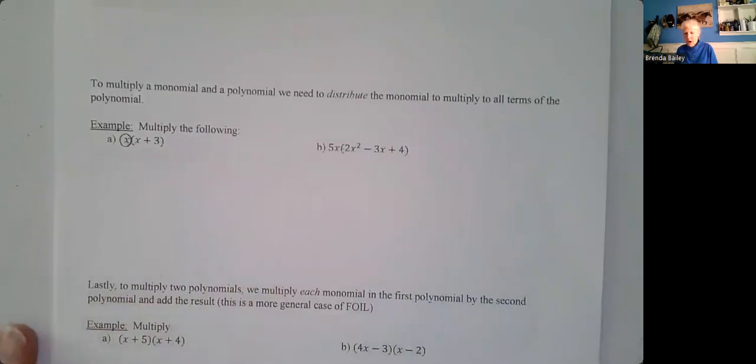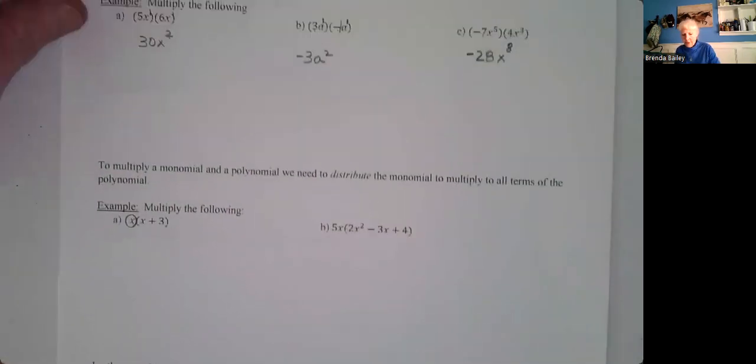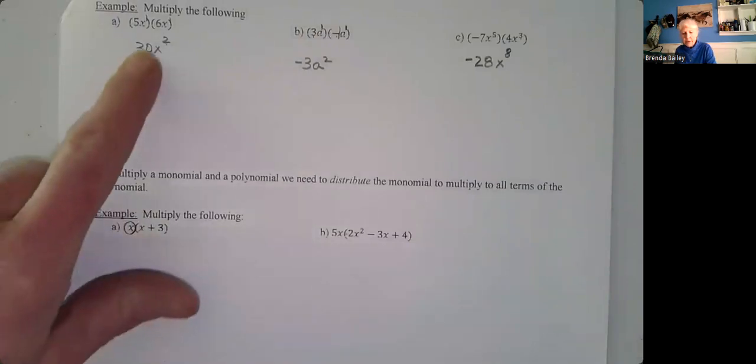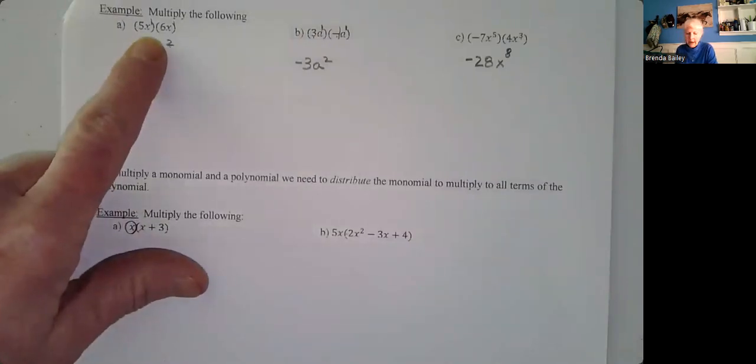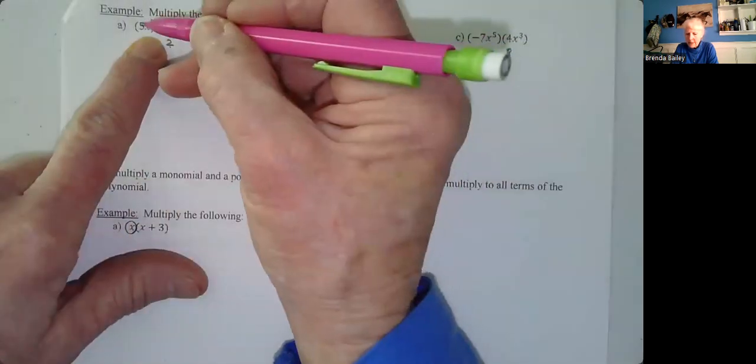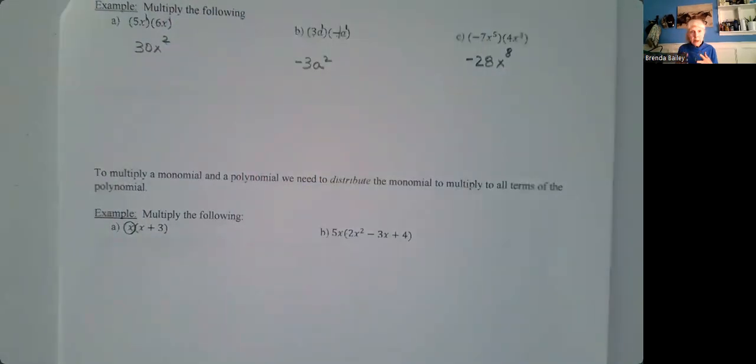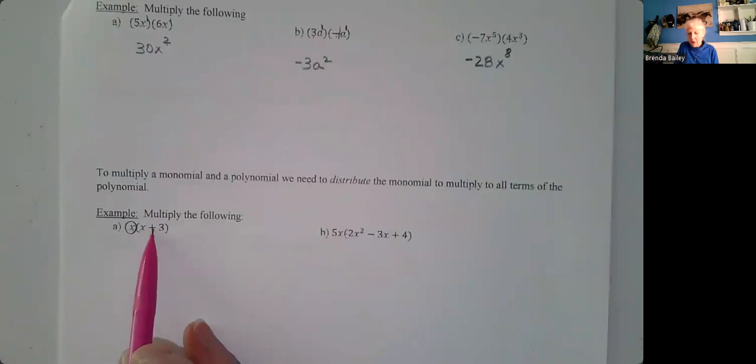The problem is people get this one with a plus or a minus sign mixed up with this one where there's no plus or minus. They'll want to take the 5 times the 6 and the 5 times the x. You don't do that. The only time you use the distributive property here is when you have a plus or a minus sign.